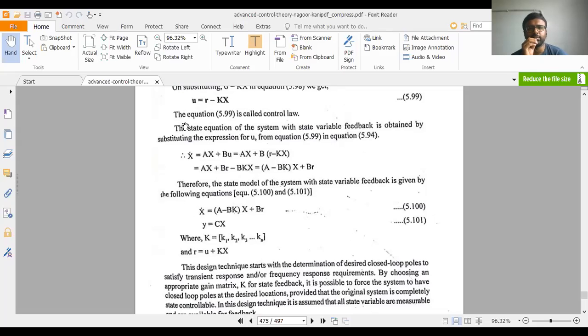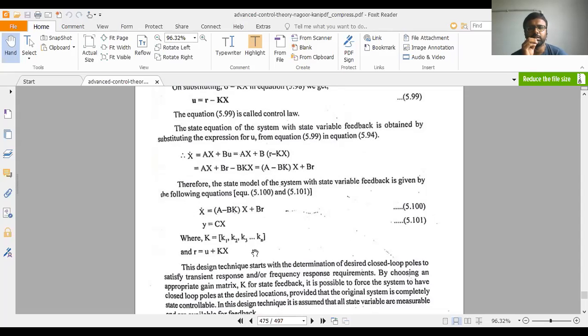Substituting this value of u in the first state equation, x dot is equal to ax plus bu, we get ax plus b into r minus kx. After calculations, the first state equation becomes x dot is equal to a minus bk into x plus br.